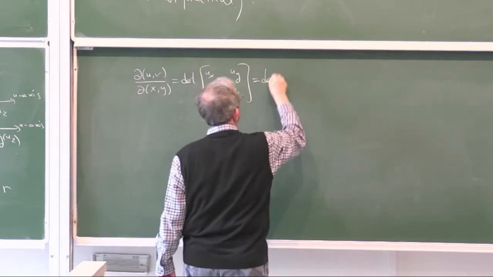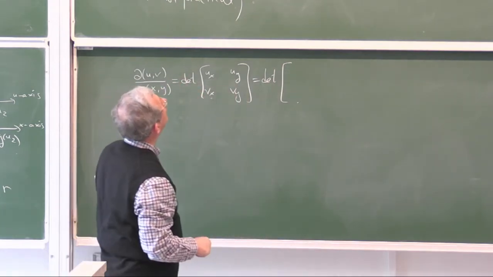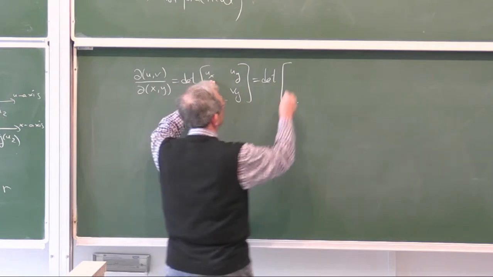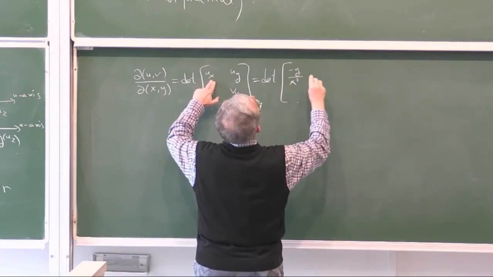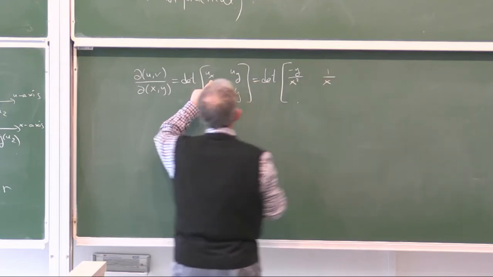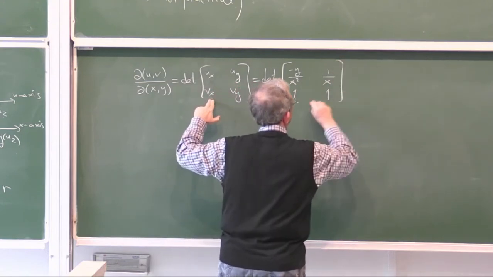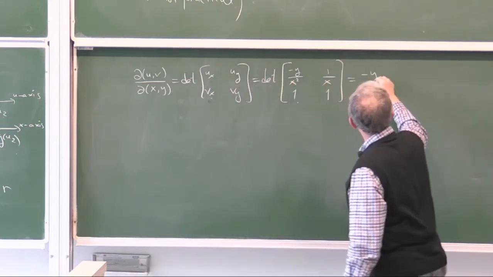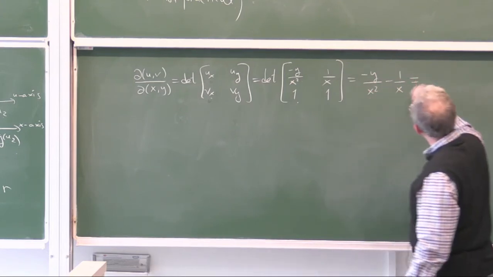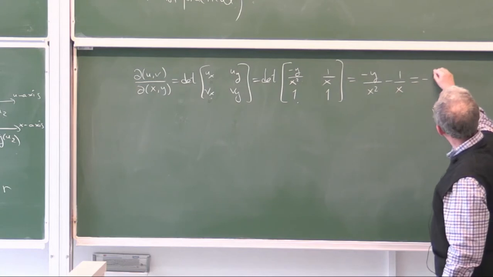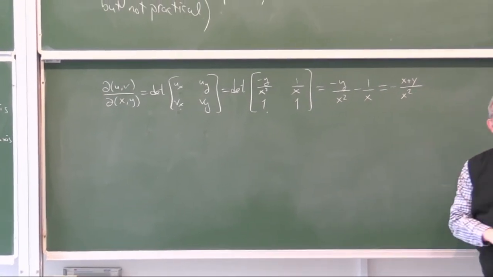Let us look at the top. u is y over x, so this is minus y over x squared. The other one, with respect to y, is 1 over x simply, and derivatives of v are 1s. So this is minus y over x squared minus 1 over x. Or if you want, multiply by x, it's minus x plus y divided by x squared.